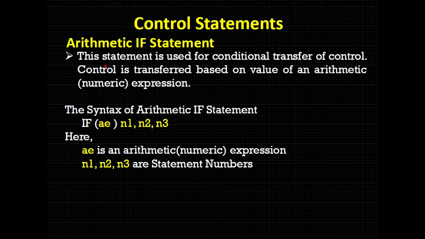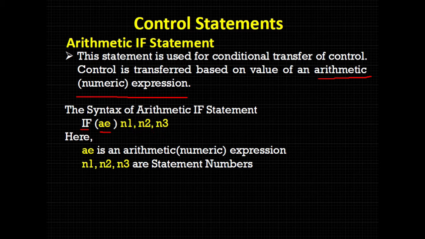The arithmetic if statement is used for conditional transfer of control depending upon the result of an arithmetic or numeric expression. Its syntax is if, in parenthesis, arithmetic expression, then n1, n2, and n3.